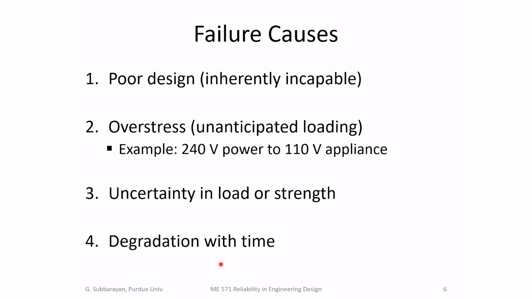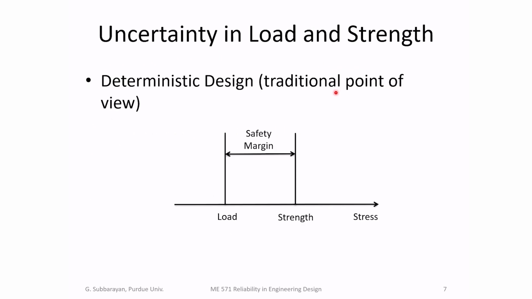And the reason for that is thermodynamic, and we'll discuss that in detail later. So let me talk about uncertainty in load and strength in a little bit more detail, as well as degradation of strength with time. You want to take all of this into account to ensure that our design meets our reliability requirements.